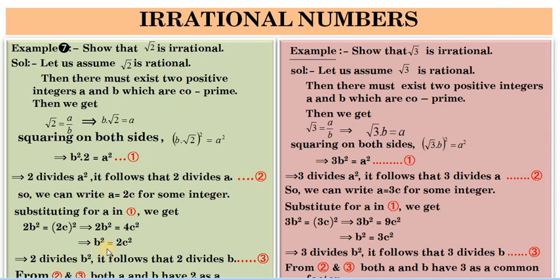Again in this you can see b square is a multiple of 2. That means b square is divisible by 2. It follows that b is also divisible by 2. Right? So that is the statement that we have written here. 2 divides b square. It follows that 2 divides b.